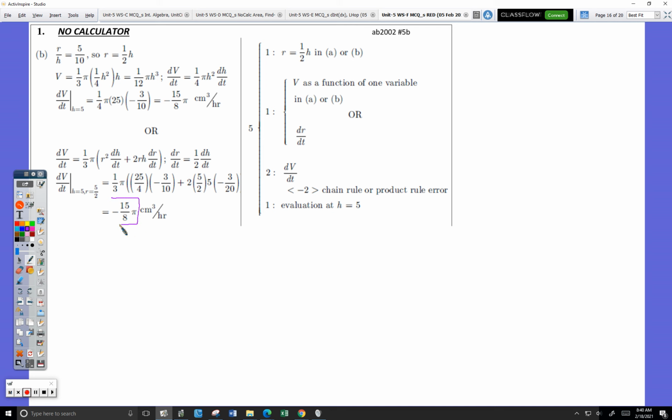So that says that your volume is going to go down by that many cubic centimeters every hour. That's what they mean by respect to time: how is the volume changing in comparison to how the time is changing? And that's how all rates are written. All rates are a comparison between two things. I don't know if that helps. Anybody else?